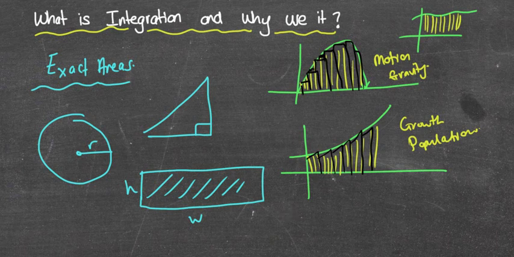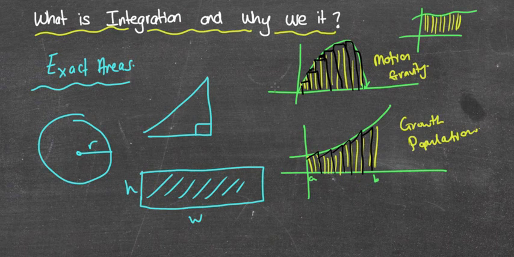Obviously between two points, because you've got to have a starting point and an ending point, otherwise it's infinite, I guess. But those dealt with approximations. They don't deal with exact. Okay, so that's what the whole idea of integration was: I want to find the exact area underneath those curves.